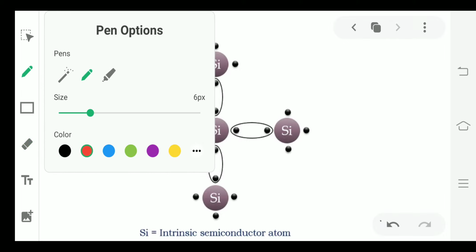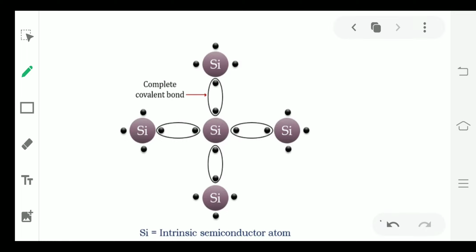I need one different color. If we increase the temperature, heat increases, so this electron comes out and becomes a free electron. Now there is a vacancy here, and this vacant place is a hole, which is positive, and it attracts a negative charge, which is an electron.